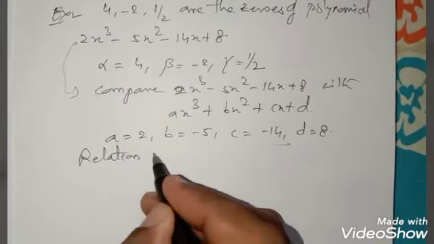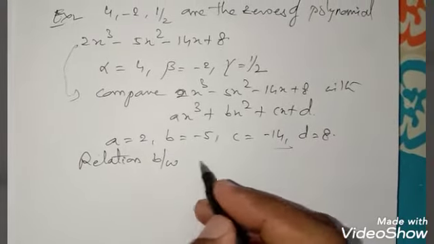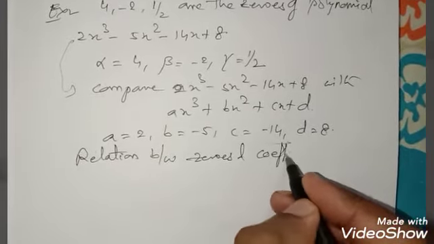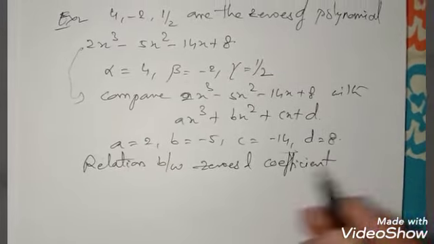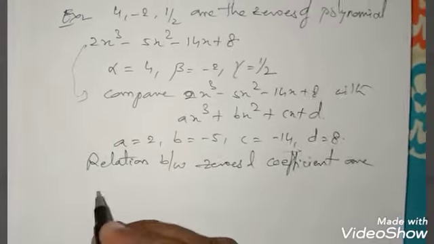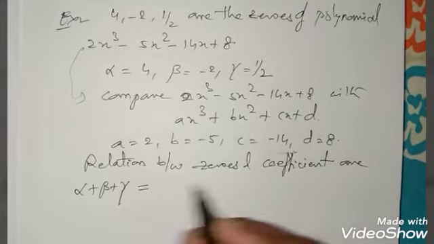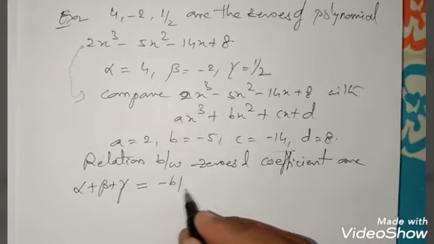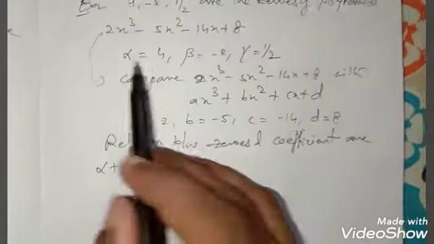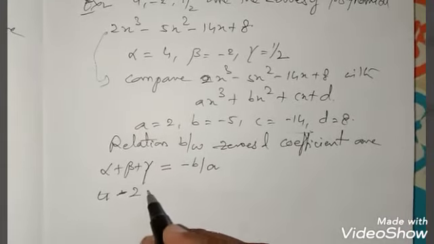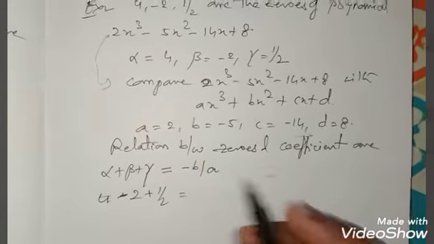Now after getting the coefficient values and the zeros of the polynomial, you have to show the relations. So the relations between zeros and coefficients are: alpha plus beta plus gamma, that is the sum of the roots. Its formula is given as minus b by a, where alpha plus beta plus gamma is 4 plus minus 2 plus 1 by 2, is equal to minus b by a.